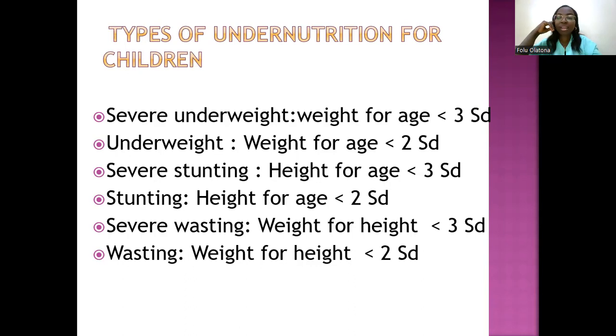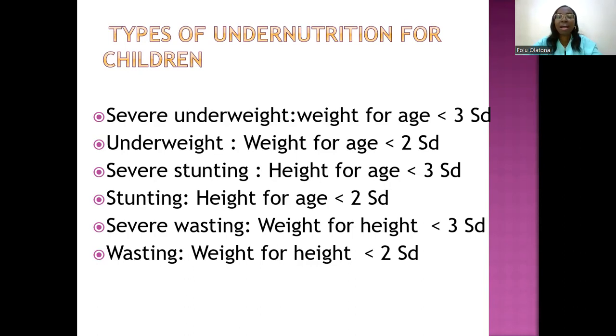Then we consider the height too. So there are charts that have height for age, charts that are weight for age, and so on. So for children, it's not just underweight, overweight. So we have charts that you can use to compare the growth velocity of this child to the international standards.